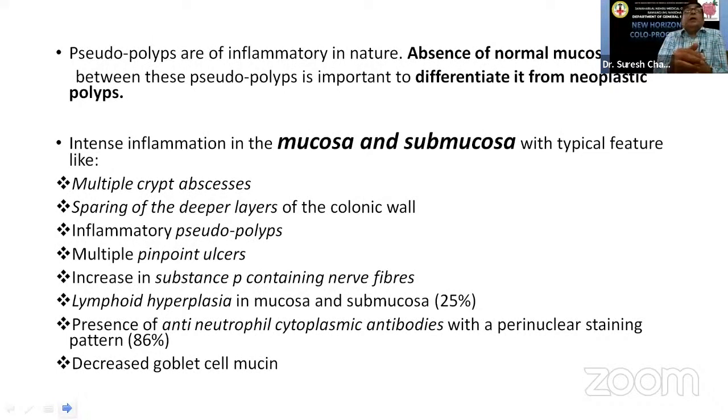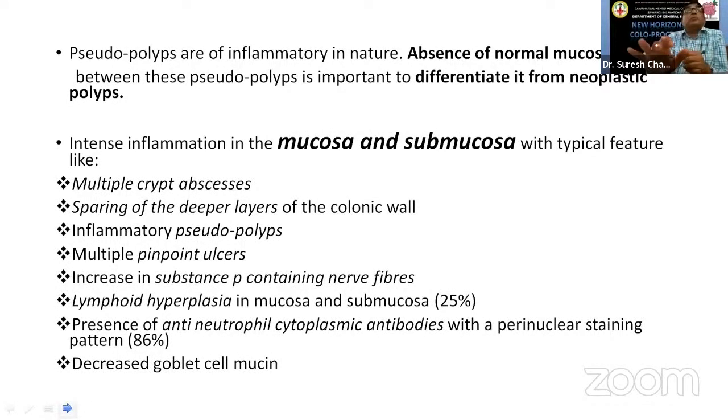Intense inflammation in the mucosa and submucosa with typical features: multiple crypt abscesses, sparing of the deeper layers of the colonic wall, inflammatory pseudopolyps, multiple pinpoint ulcers, increase in substance P containing nerve fibers, lymphoid hyperplasia in mucosa and submucosa, and presence of anti-neutrophil cytoplasmic antibodies with perinuclear staining pattern in around 85 to 90%. And there are decreased goblet cell mucins.